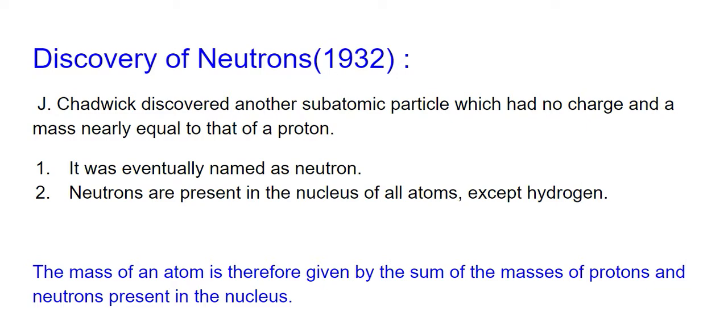Chadwick discovered another subatomic particle having a mass nearly equal to that of a proton but neutral. So it was eventually named the neutron. Neutrons are present in the nucleus of all atoms except hydrogen, and the mass of an atom is therefore given by the sum of masses of protons and neutrons present in the nucleus.